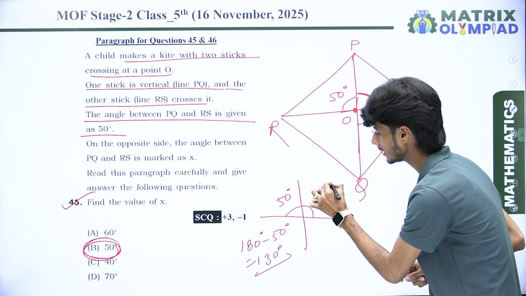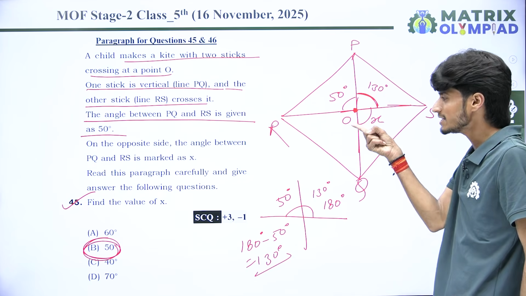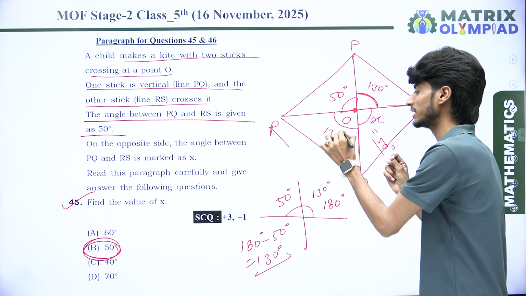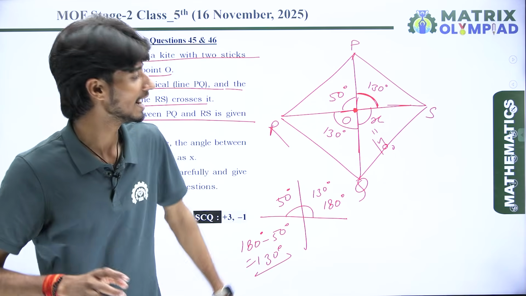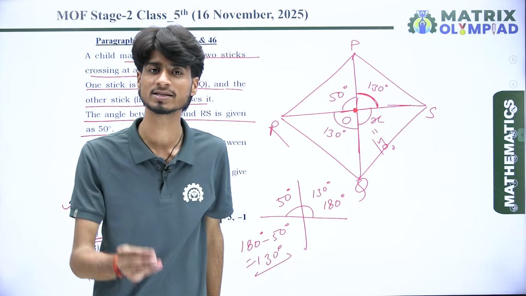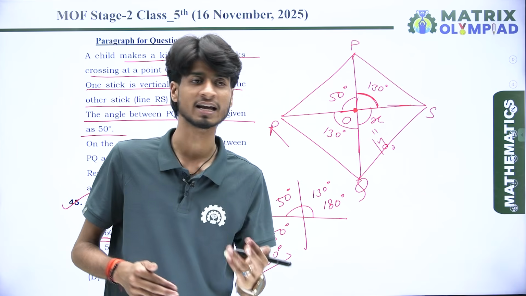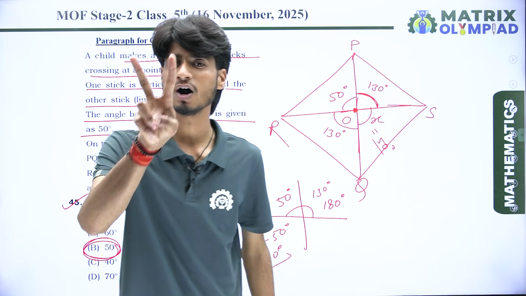So this is 130 and this is vertically opposite to 130, so it is also 130. You can see 50 is an acute angle and there are 2 50s, that means 2 acute angles, and 130 is an obtuse angle and there are 2 130s, that means 2 obtuse angles.